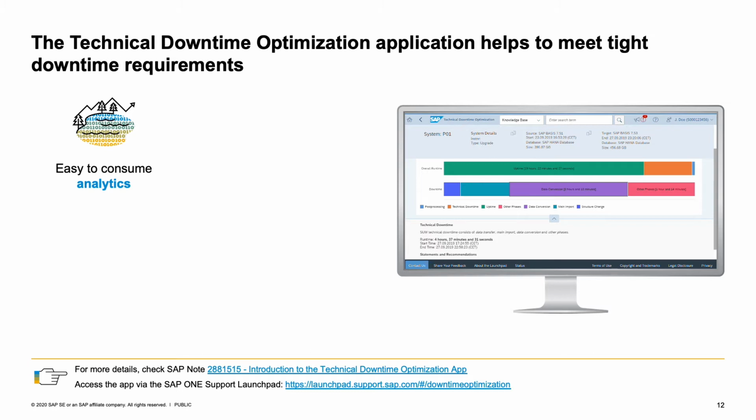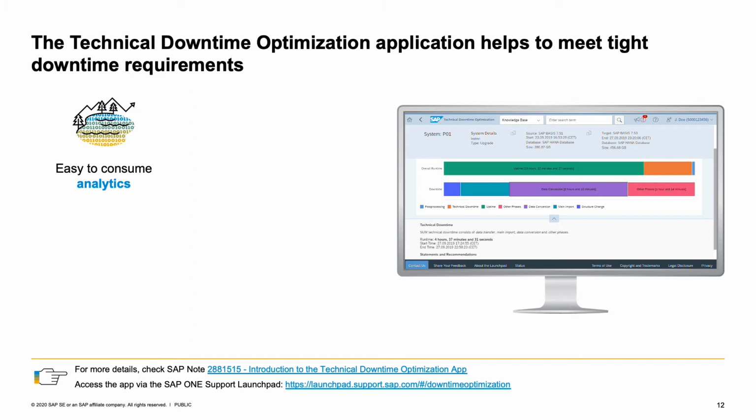And now the new offering is that you can have access to those statistics, and you can get those statistics displayed in this specific manner with color and indication focusing on uptime, on downtime, on specific phases. So it's a more colorful illustration of this statistics file. And the general idea of this Technical Downtime Optimization app is to even recommend what to tune, where to put focus to get less downtime for you.